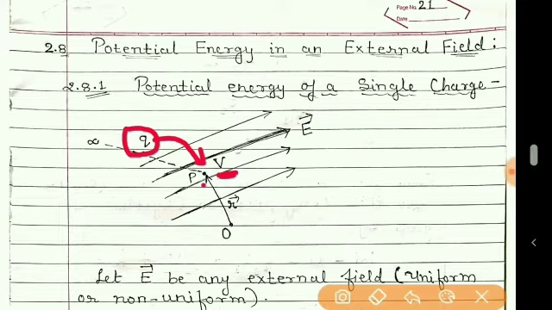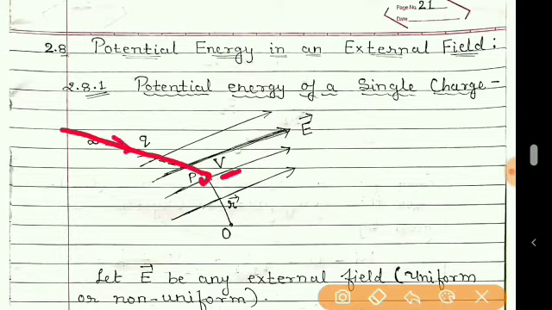Now actually the process is like this, that in an electric field at any point the potential is there, and we are going to bring any charge from infinity to a given point.